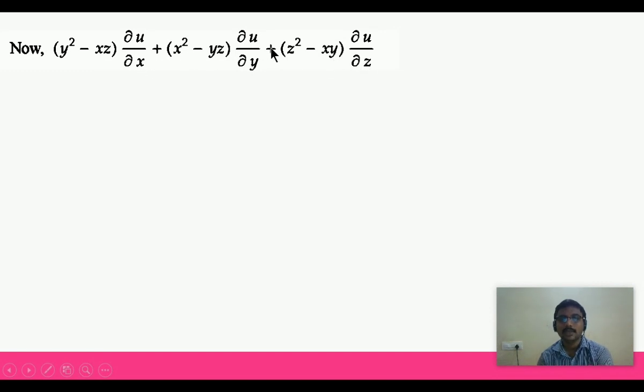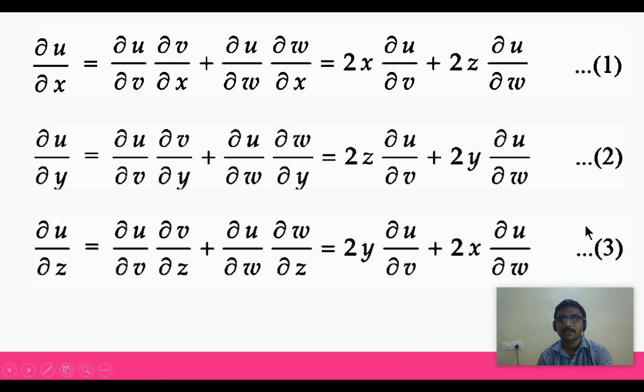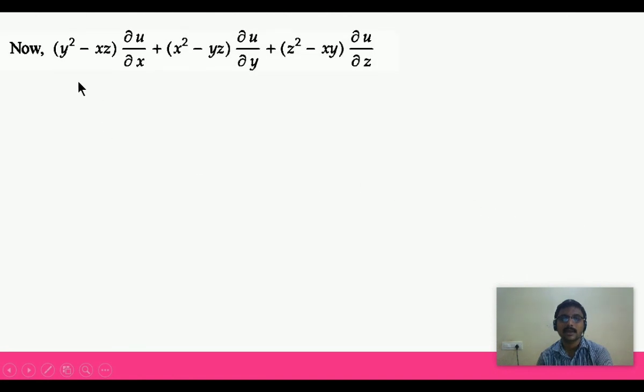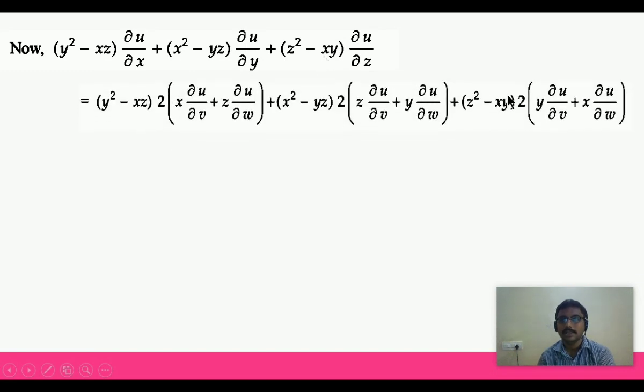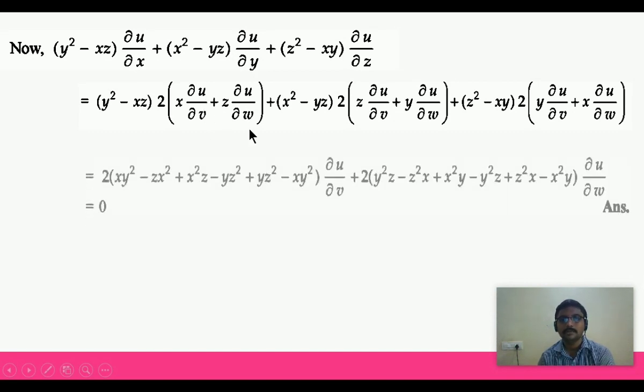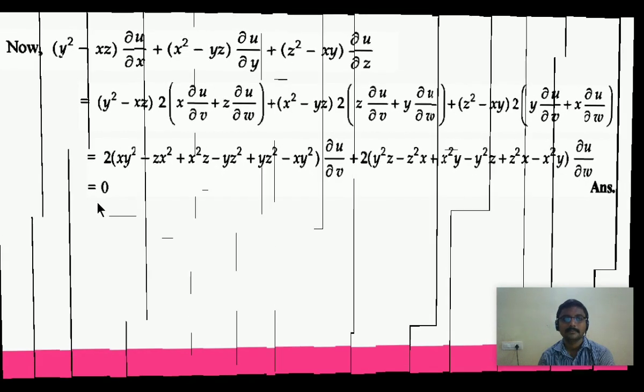That is, the ∂u/∂x, ∂u/∂y, ∂u/∂z values obtained from equations 1, 2, 3 are multiplied with y² − xz, x² − yz and z² − xy respectively, and adding all three and taking ∂u/∂v and ∂u/∂w as common. Clearly all terms get cancelled here. We will have 0 as a result. So this is the answer.